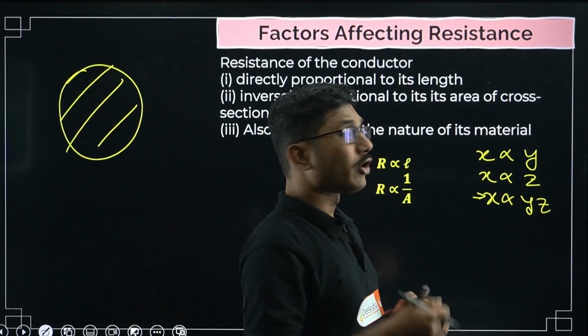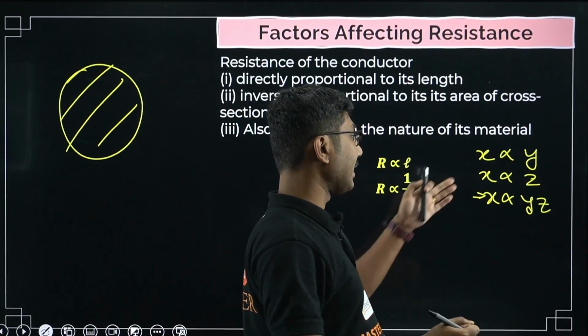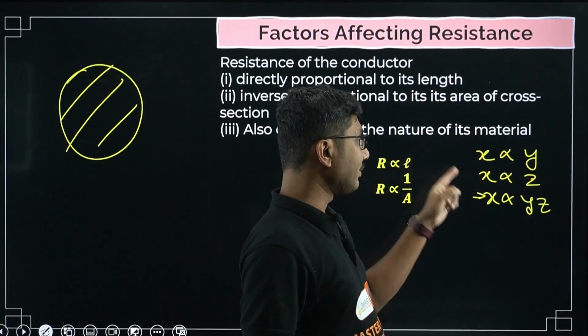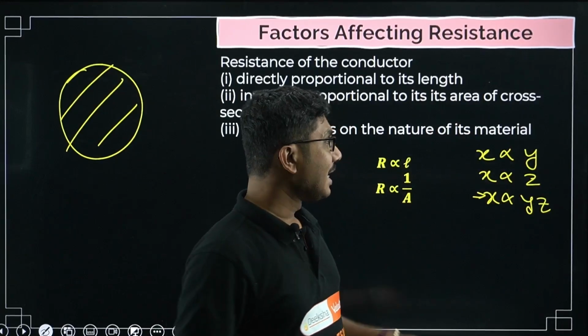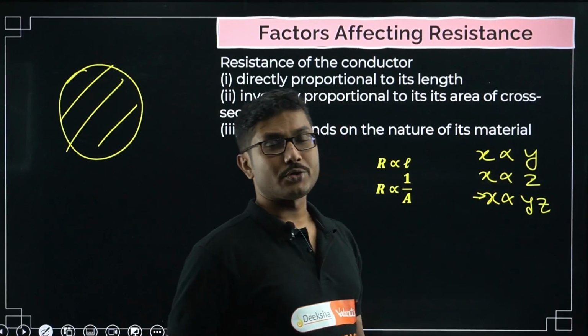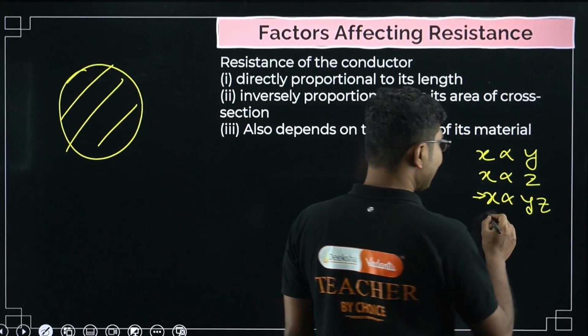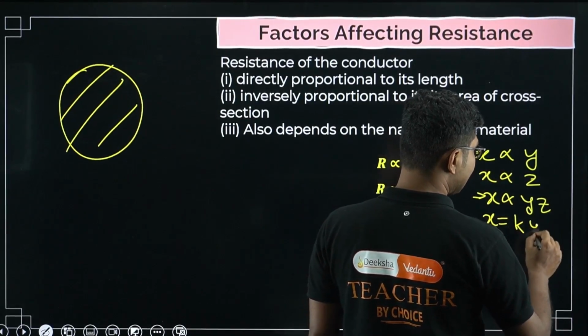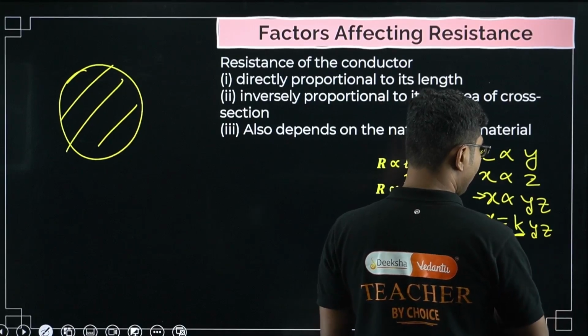I am not going into too much mathematical detail, but if X is proportional to Y as well as X is proportional to Z, then you can write X is proportional to YZ, and you can write this as X equals K Y Z, where K is the constant of proportionality.